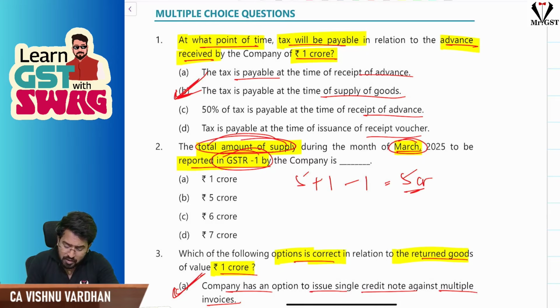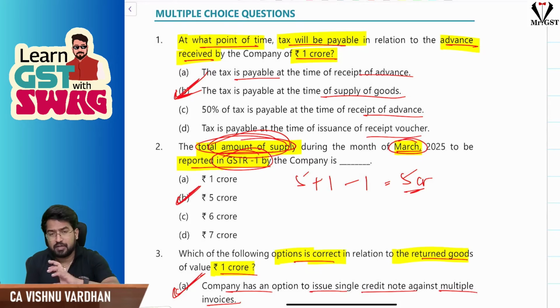The total amount of supply to be reported is a little bit confusing. What I feel personally is it could have been framed a little better, like asking for the net amount of supply, because you are reporting invoices as supplies and you are also reporting supply which is returned. The wording should have been better, but still the institute has taken total amount of supply as 5 crores.